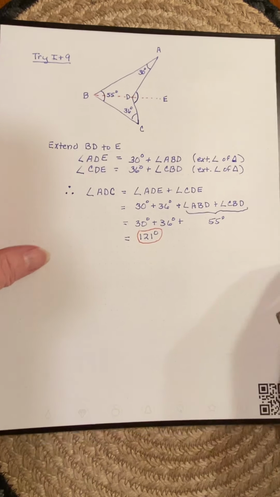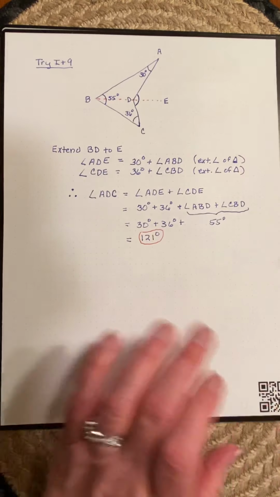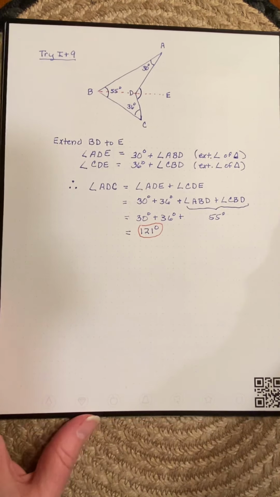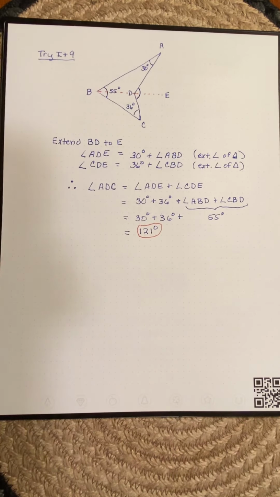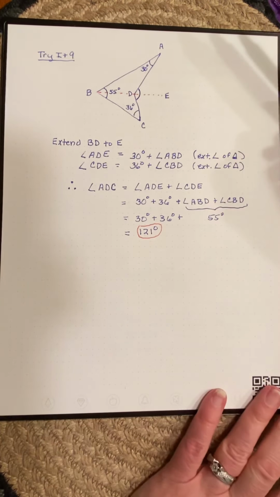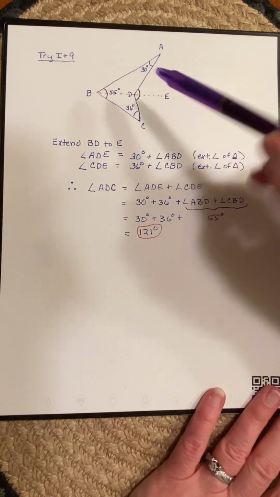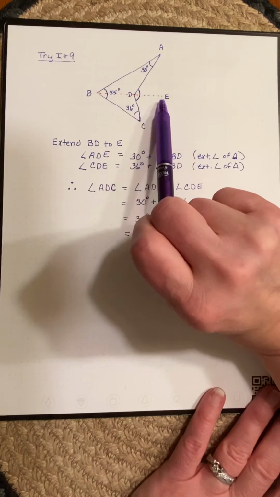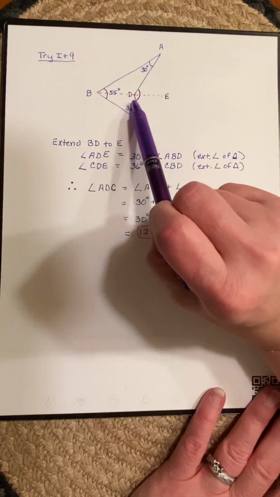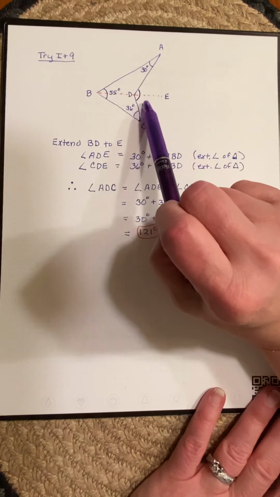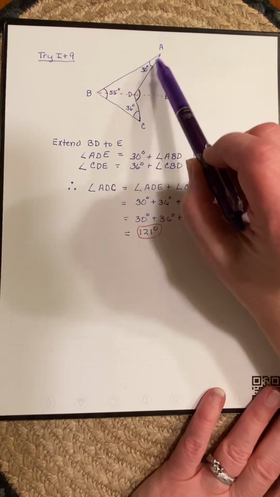Now, top of the next page, 201, is Try It 9, and that's what we'll end with. Okay, I think I'm in the frame. Yep. So we got that funny looking figure, and I actually had to reproduce it. Sometimes you do need to draw and sketch out the figures because, as you can see, I needed to add a line to help things because they want us to try to find ADC.